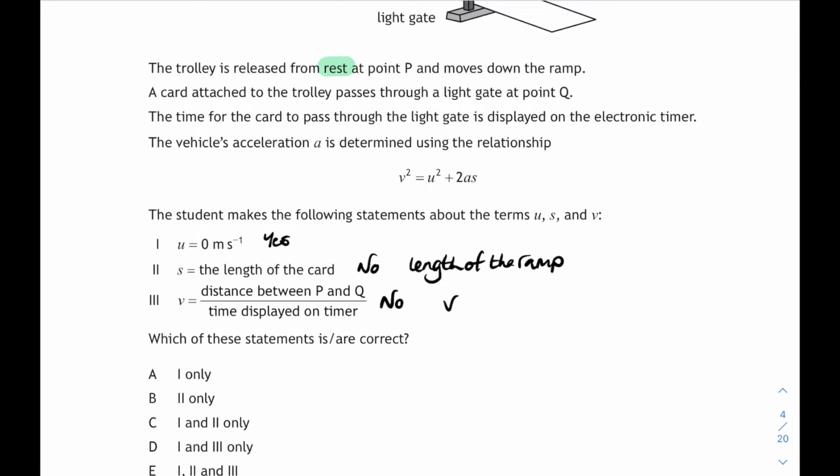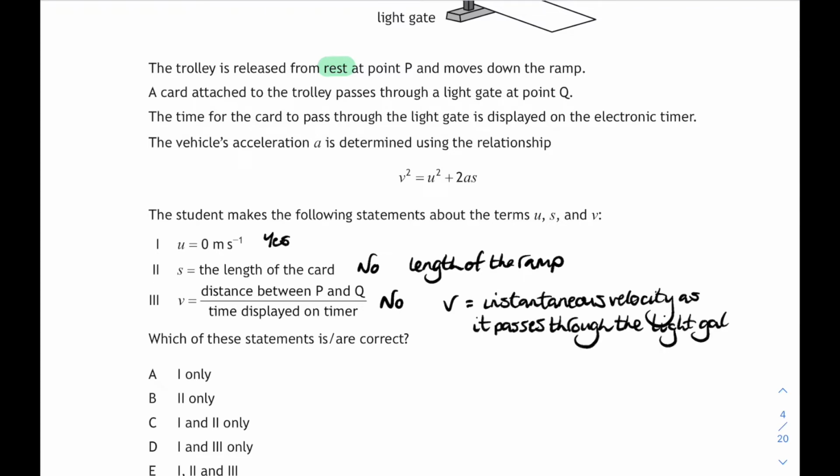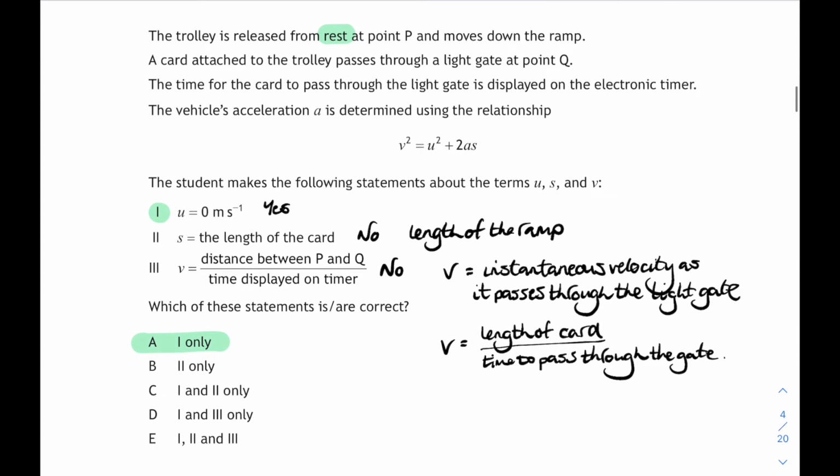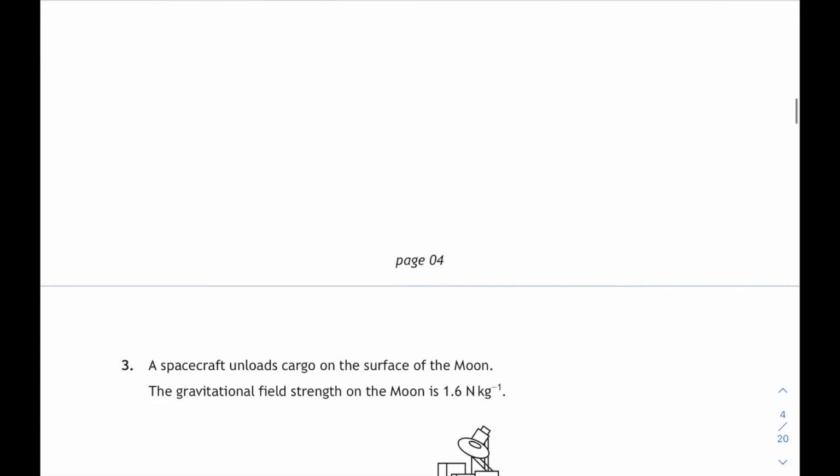The v in this relationship is the instantaneous final velocity at the bottom of the slope. That's as it passes through the light gate. So to work out what that v would be, it would be the length of the card divided by the time it takes to pass through the light gate. So only statement 1 is correct. That's A, 1 only.